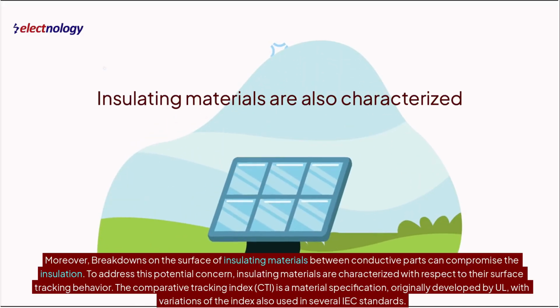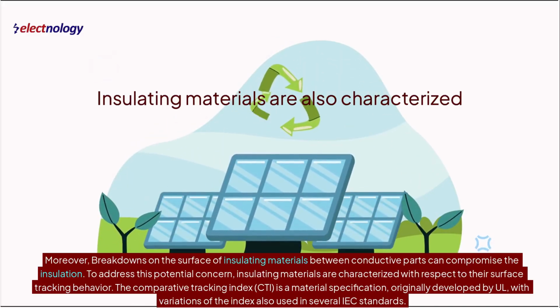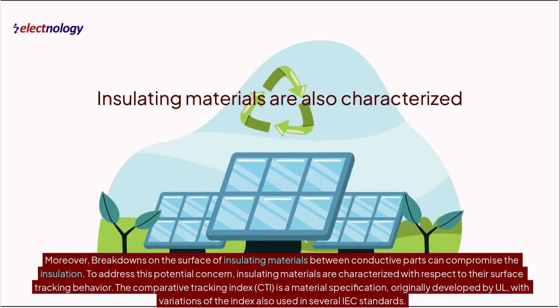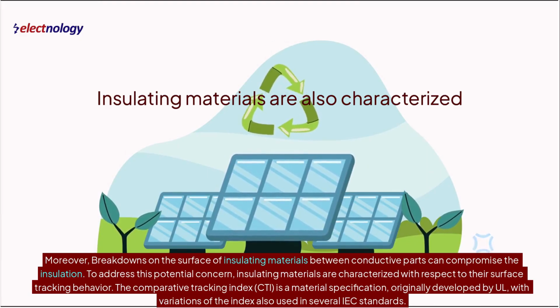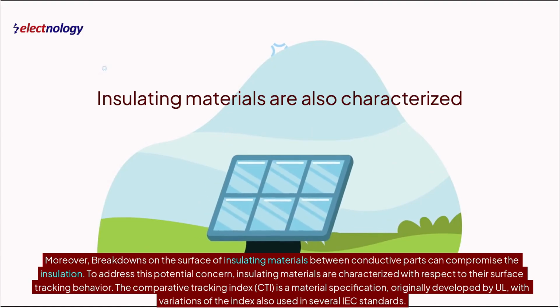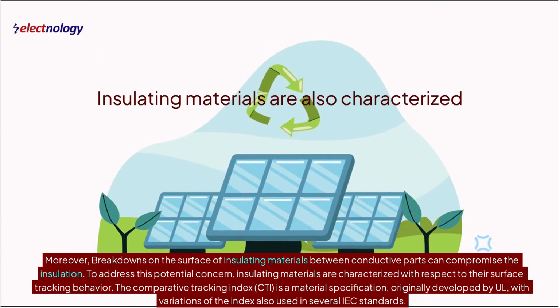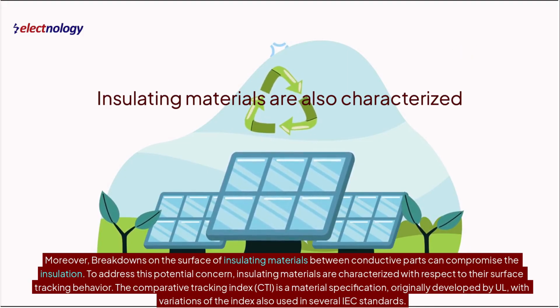Moreover, breakdowns on the surface of insulating materials between conductive parts can compromise the insulation. To address this potential concern, insulating materials are characterized with respect to their surface tracking behavior. The Comparative Tracking Index, CTI, is a material specification, originally developed by UL, with variations of the index also used in several IEC standards.